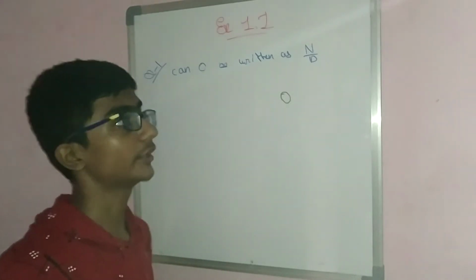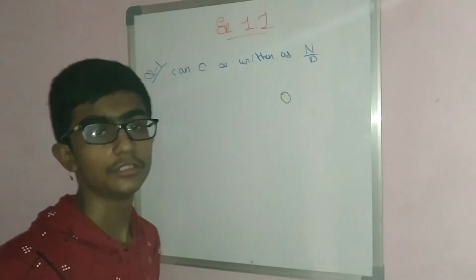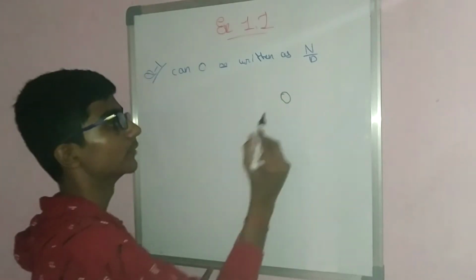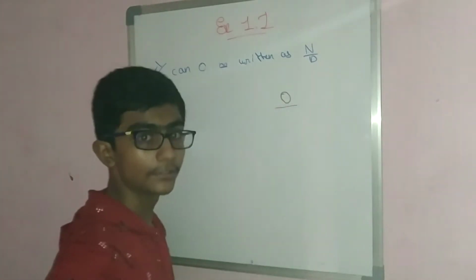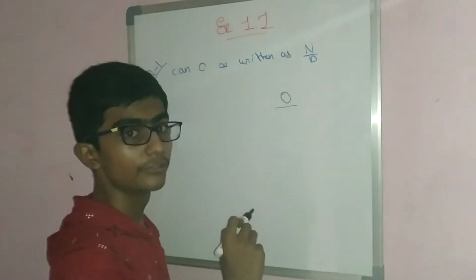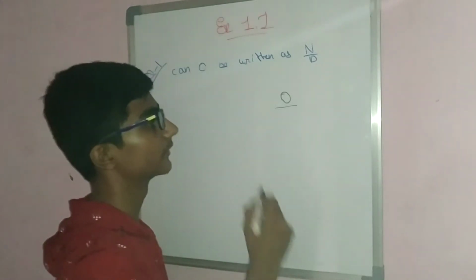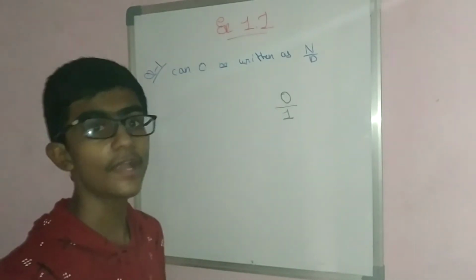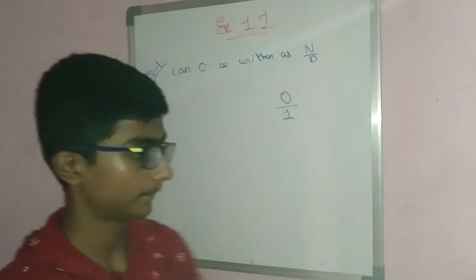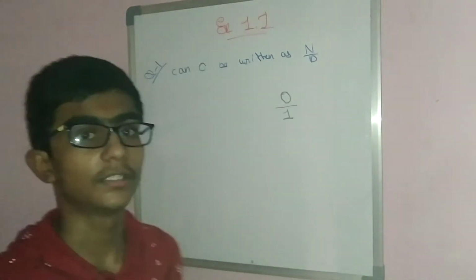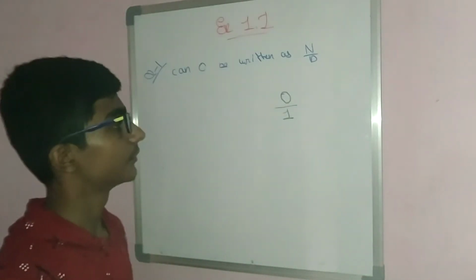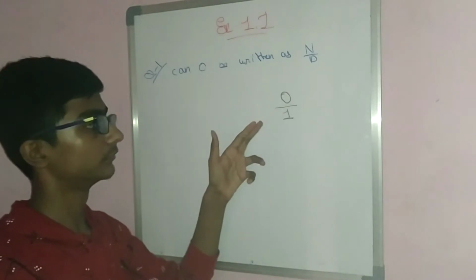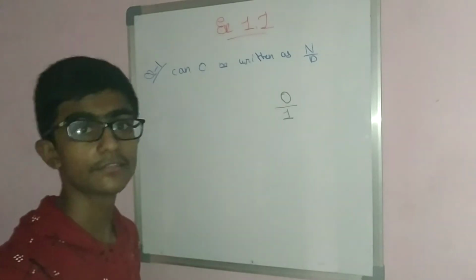Remember the rule which I told in my first video, that any number which does not have a denominator, we can write the denominator as 1. Let me repeat, any number which does not have a denominator, we can write the denominator as 1.